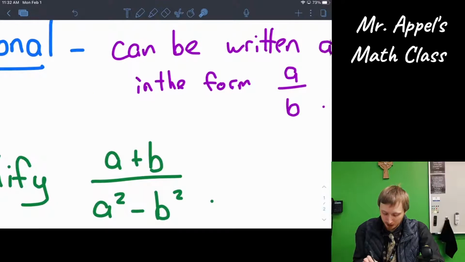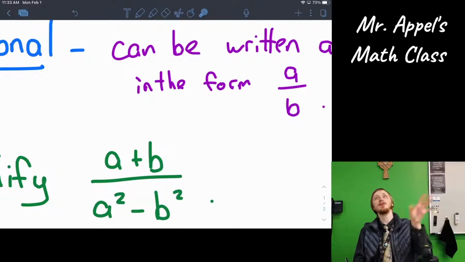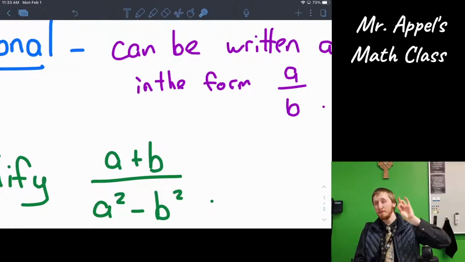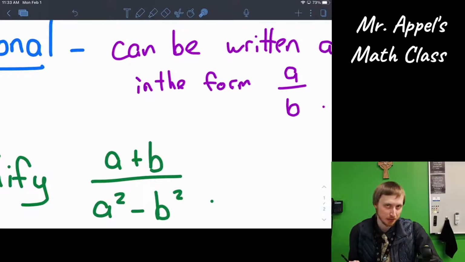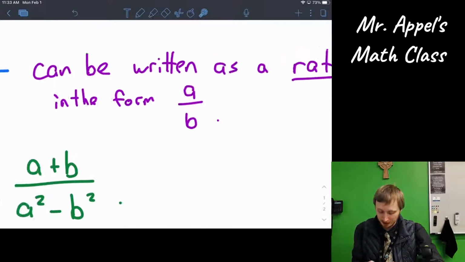Up top, a plus b is an algebraic expression. We can put anything we want up here. For most of this chapter, actually entirely this chapter, we're going to stick with ratios of polynomial expressions: a polynomial up top divided by a polynomial on the bottom.